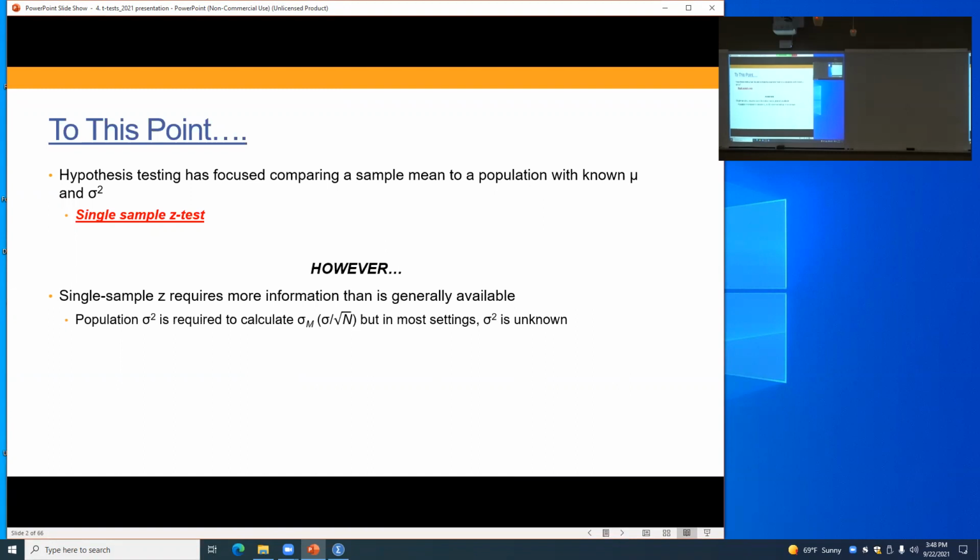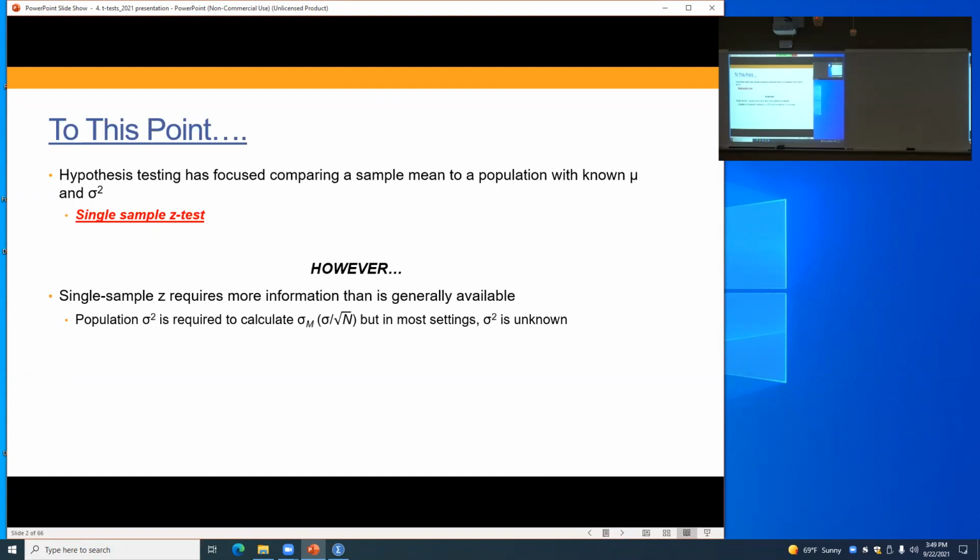We need to know our population variance to calculate our standard error of the mean, but in general we don't know it. And if we don't know the population variance, we're missing an essential piece of our test.